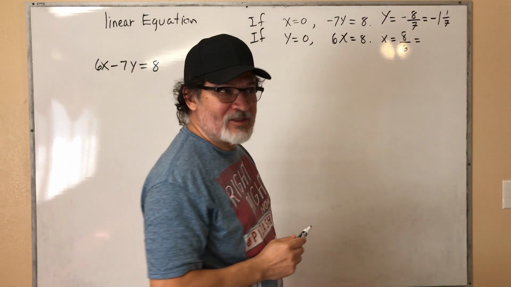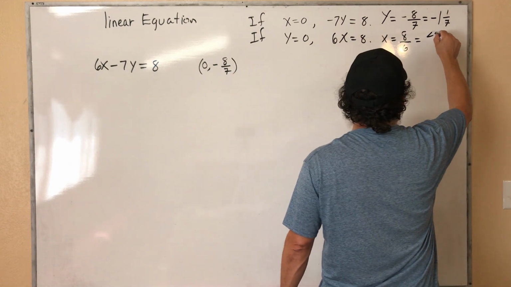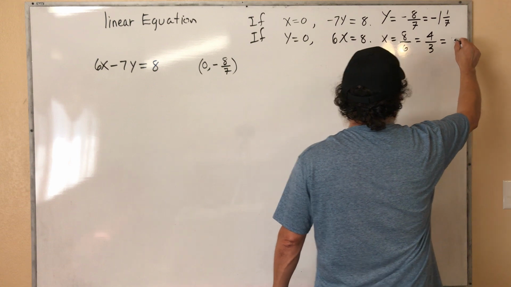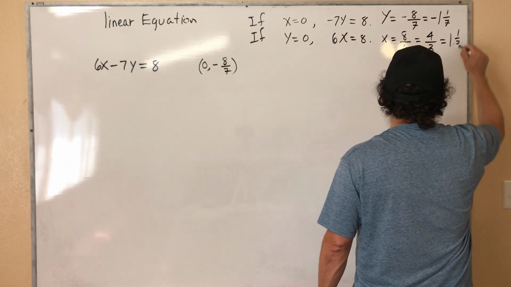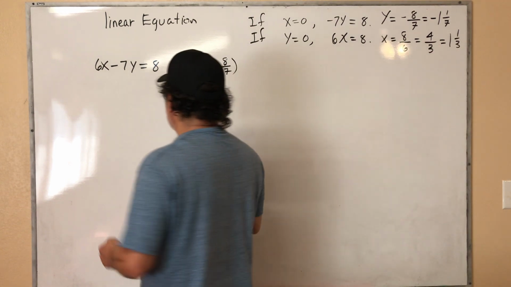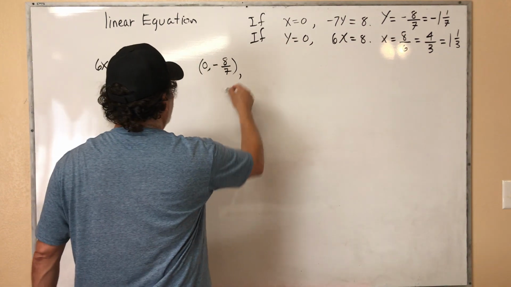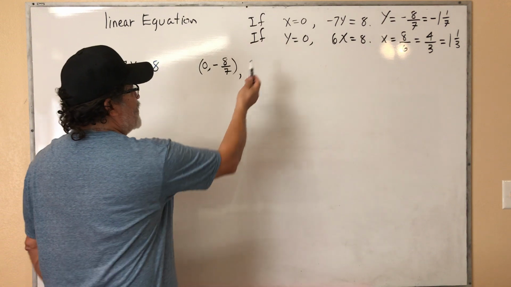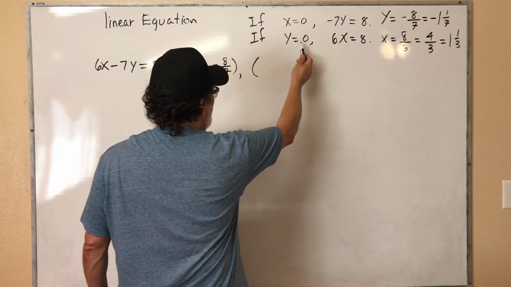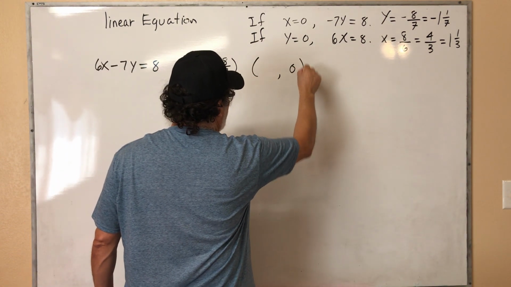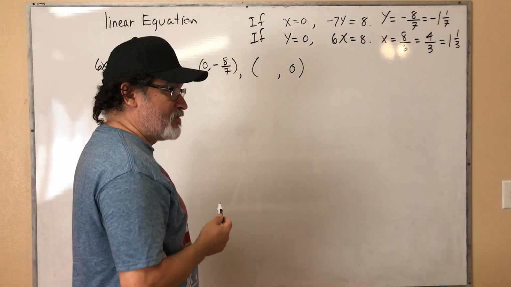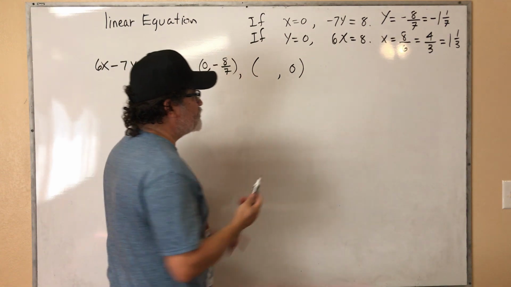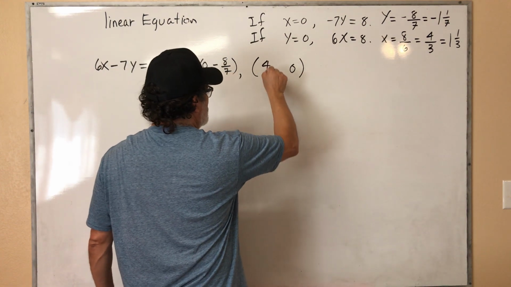Simplify that. 2 goes into 8 4 times, and 2 goes into 6 3 times. So this is 1 and 1/3. That's another point for this one. If y equals 0, that's the second value in the coordinates, right? X is 4/3.